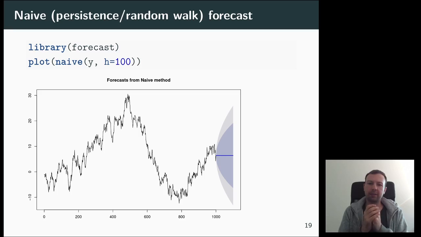So that means that the best prediction at any given point in time is just the last known observation. This is called either a naive forecast, sometimes a persistent forecast. People also call it a random walk forecast. And this is provably the optimal prediction for this time series.